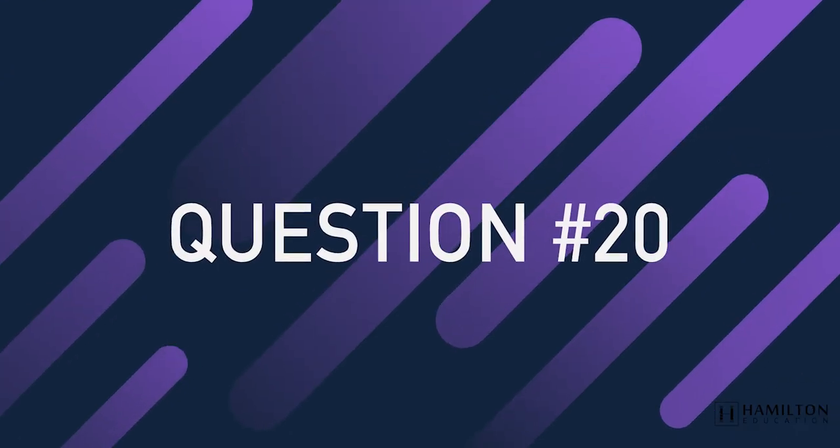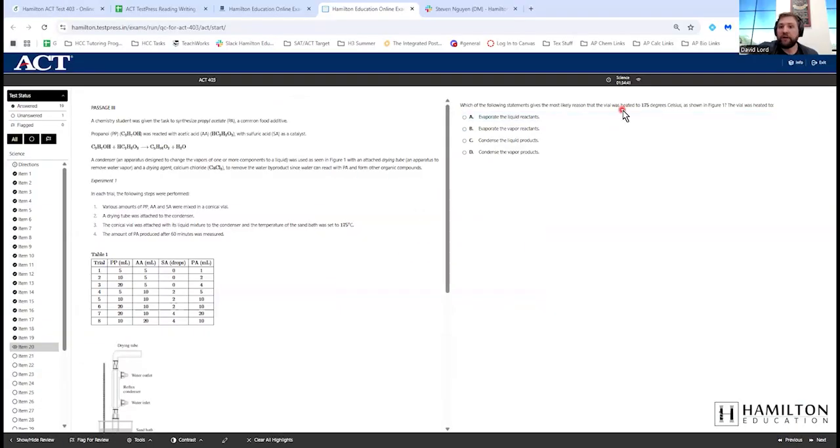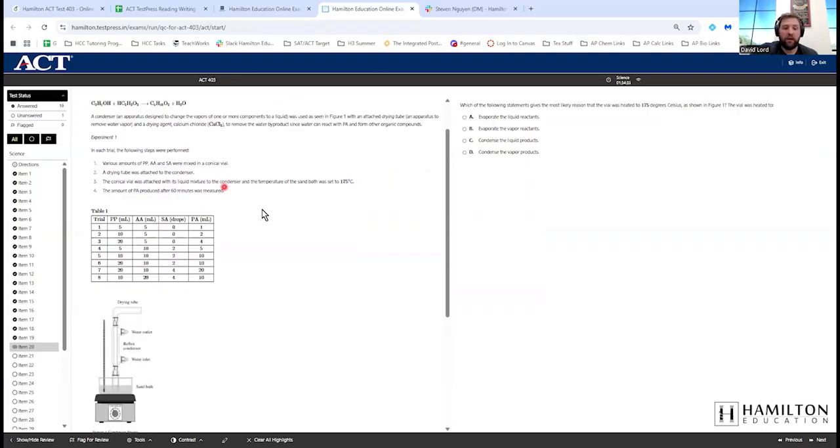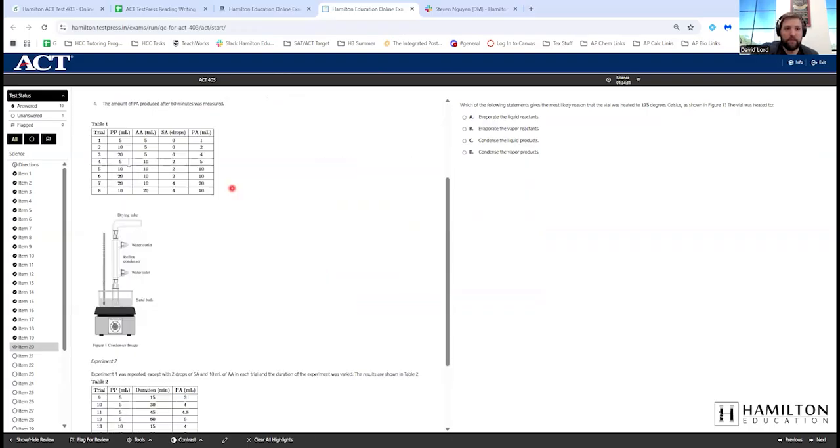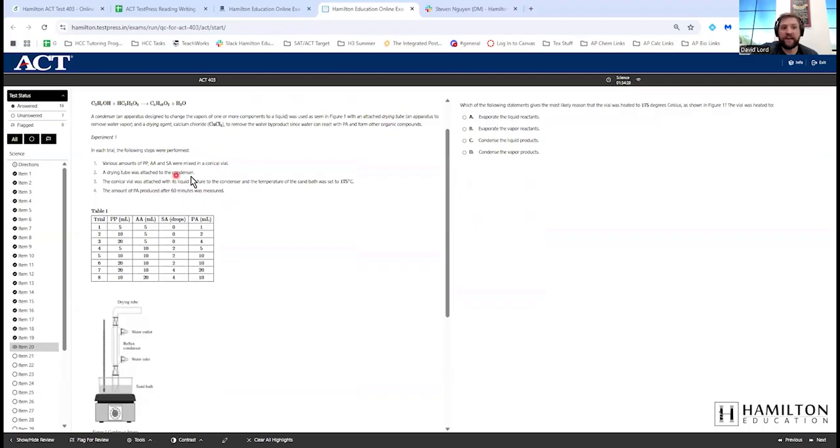Which of the following statements gives the most likely reason the vial was heated to 175 degrees Celsius as shown in figure 1? Again, most likely reason. So it probably didn't tell us how. But that's going back to the experiment design, where they were mixed in a conical vial. A drying tube was attached to a condenser. The vial was attached to the condenser, and the sand bath was up to 175.